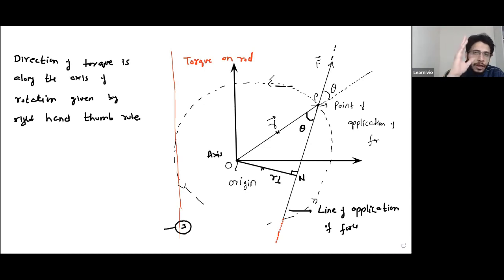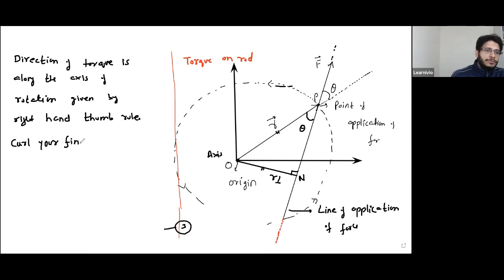Just curl your finger along the sense of rotation. If your body is rotating anti-clockwise, just curl your finger anti-clockwise. If your body is rotating clockwise, then curl your finger clockwise. And this thumb will give the direction of torque. So your torque is acting in the outwards direction. So for torque, there are two methods basically.